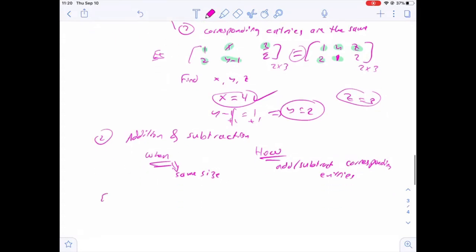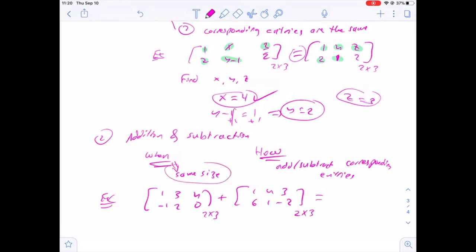So let's take an example. If we have the matrix 1, 3, 4, negative 1, 2, 0, and we want to add the matrix 1, 4, 3, 6, 1, negative 2. They have the same size, 2 rows by 3 columns, so the first condition is satisfied.